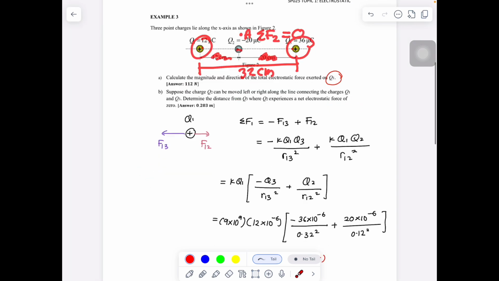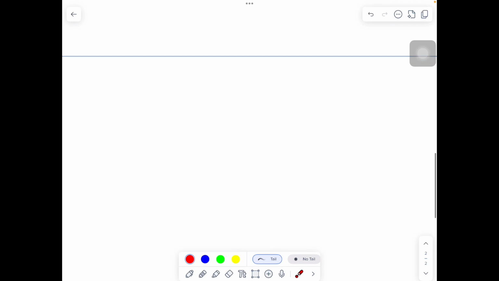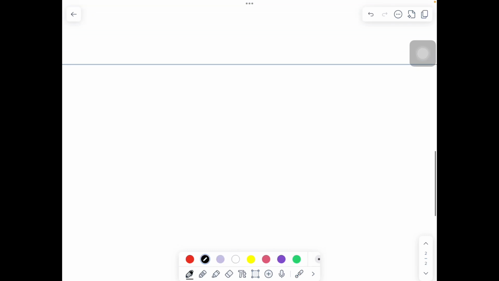Okay, so if we draw that, let's try to draw it. So we have positive Q1, and then Q2 negative, and then Q3 is positive. Kita sudah gerakkan di mana distance daripada sini ke sini tidak berubah. So from 1 to 3 the distance is the same, 32 cm.